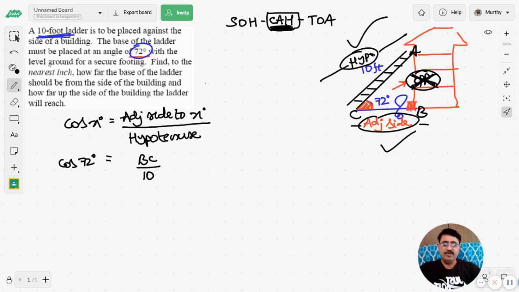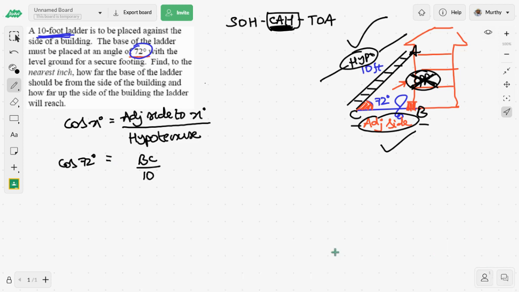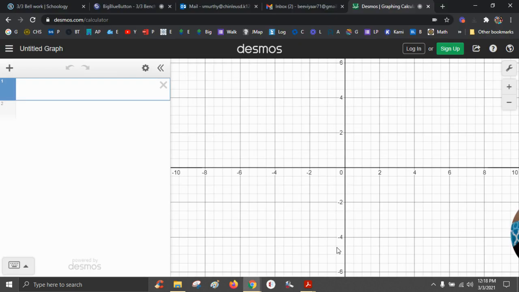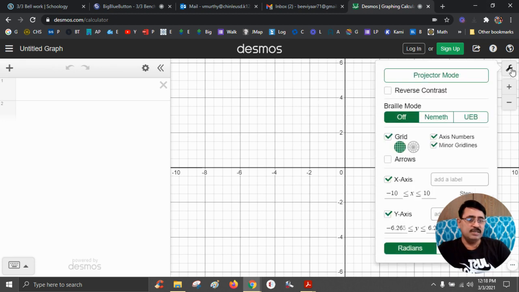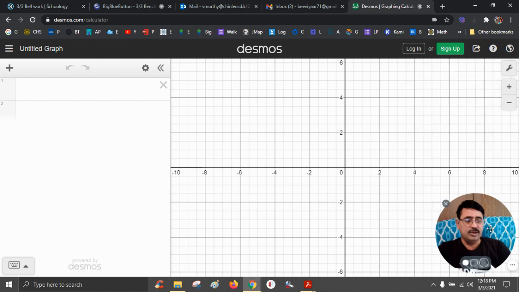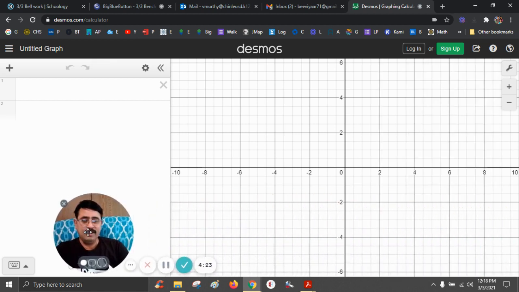Now cos 72. So we have to use either a TI-84 or Desmos calculator. So let me quickly jump to the Desmos calculator, and here I see that first of all you have to change this from radians to degrees, my bad.